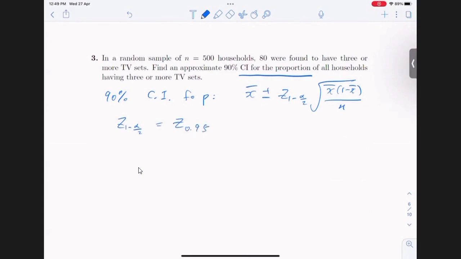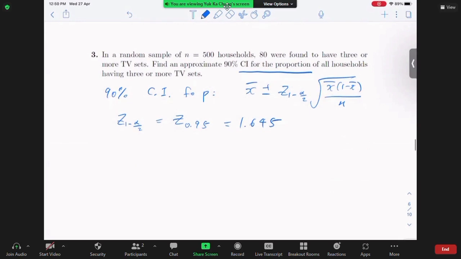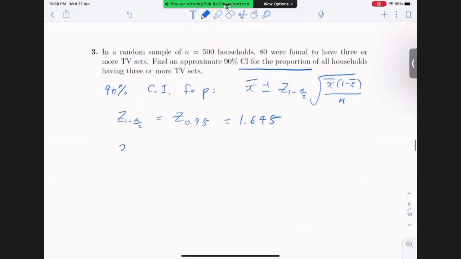Now, since we want a coverage of 90%, alpha is 0.1, so the normal quantile will be the 0.95 quantile. From the table or from R, you can find that it is equal to 1.645. So we substitute everything into the formula, and we also need the sample proportion. We are not exactly given this quantity, but we are told that out of these 500 households, 80 of them were found to have 3 or more TV sets.